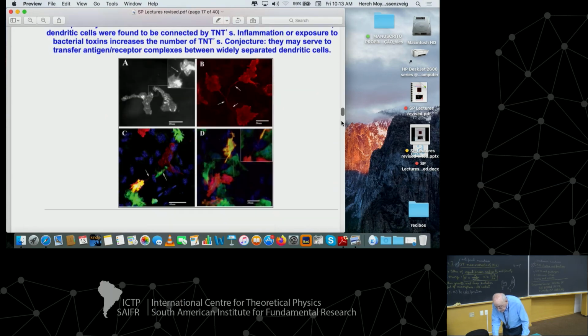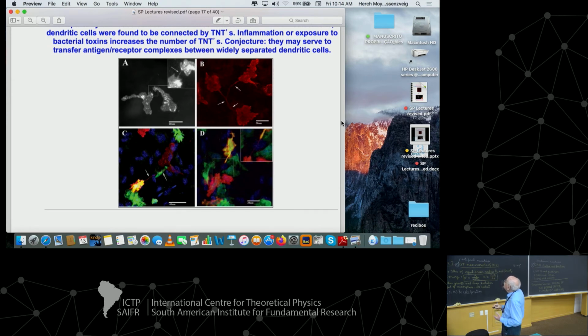Where and how were they seen? Well, this was an inflamed cornea, and the cornea is transparent, so you could see through it inside, and that's why you can see it in vivo. So the inflamed dendritic cells are connected by TNTs, and arrows here. Here's one TNT, here's another one.